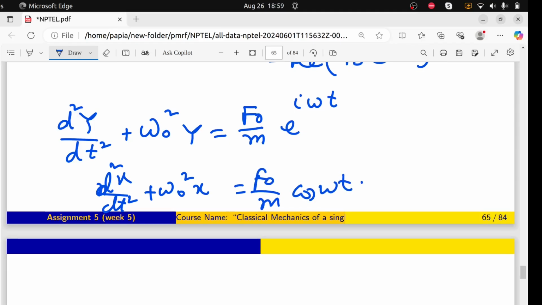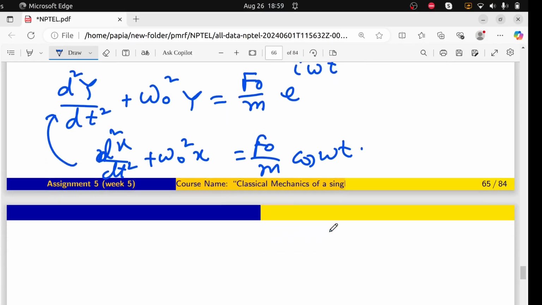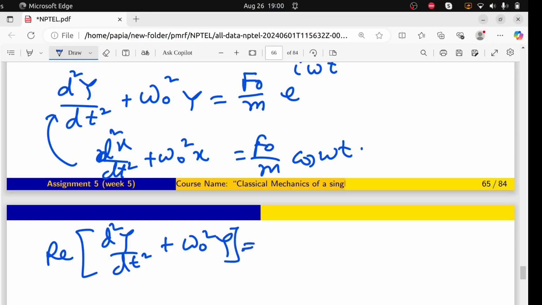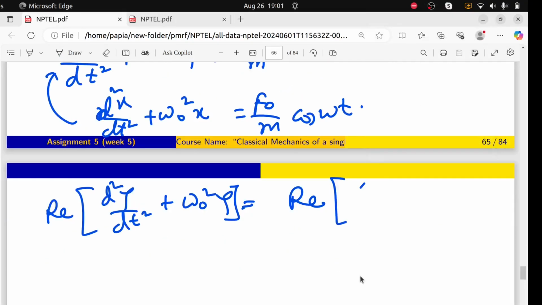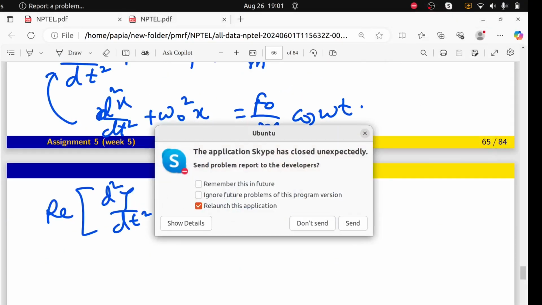So I can go from here to here by simply taking the real part: the real of d2y/dt2 plus omega 0 square y equals the real of f0 by m cos.